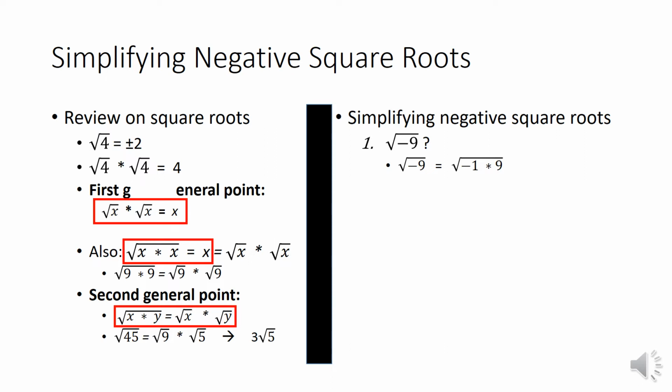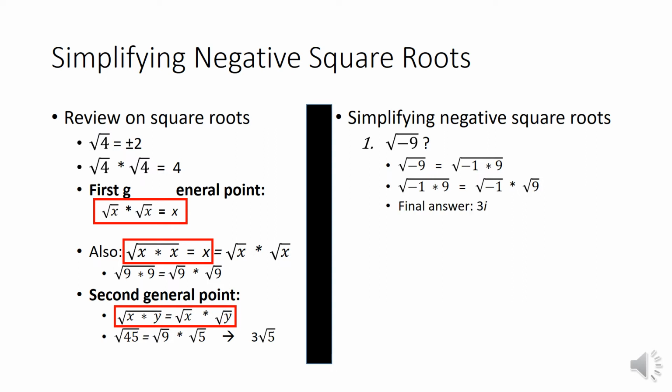So it's the same thing as simplifying the square root of negative 1 times 9. Now, using my second general point that I boxed on the other side of the screen, we know that the square root of negative 1 times 9 is equal to the square root of negative 1 times the square root of 9. Now the square root of 9 is just 3.